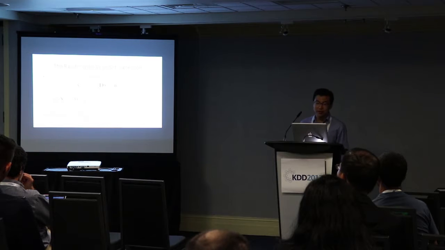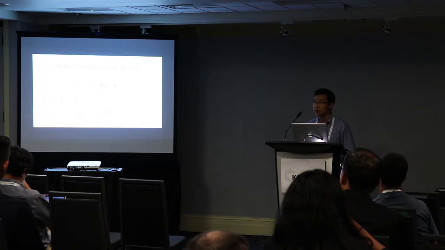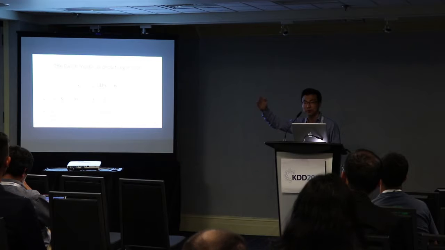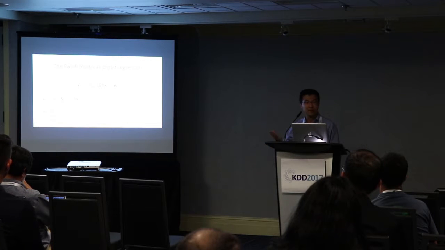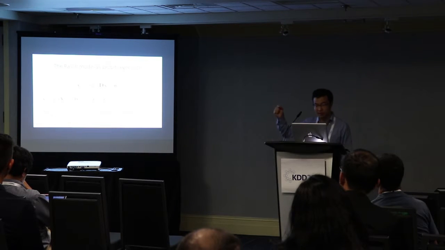All right. In order to derive our method, first of all, we have to view the Rasch model as a special case of probit regression. Usually the graded response data comes in the format of a matrix of a bunch of students answering a bunch of questions, but in this case you can simply vectorize it into a single vector.